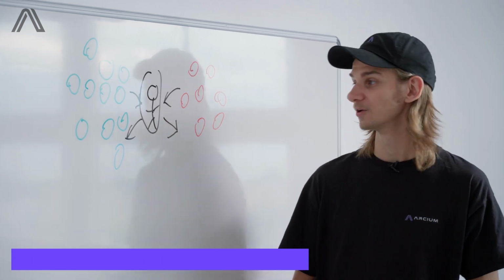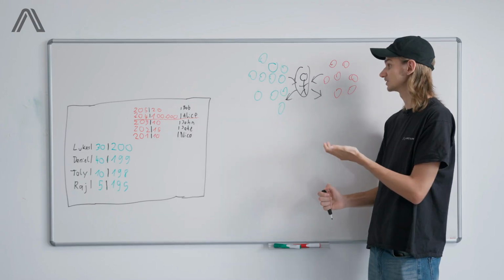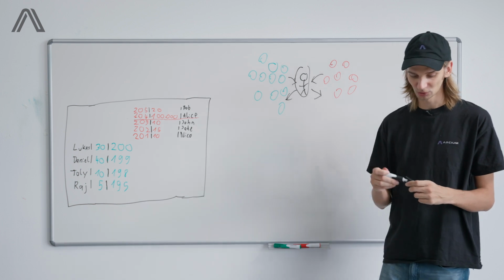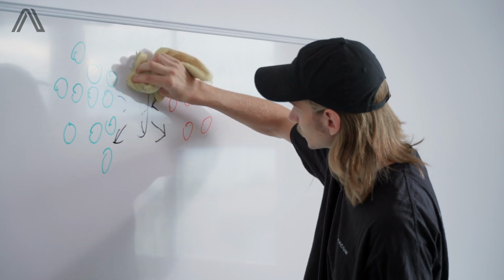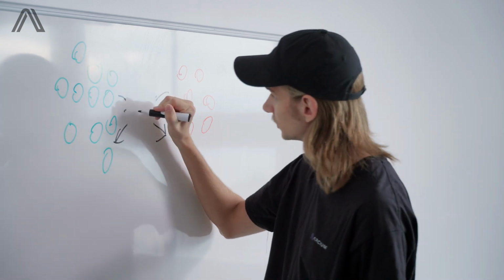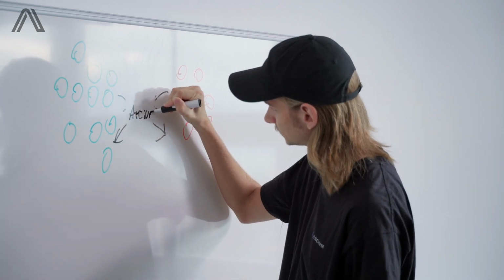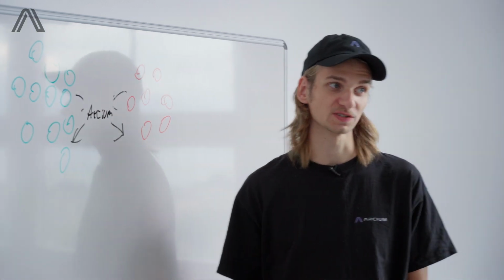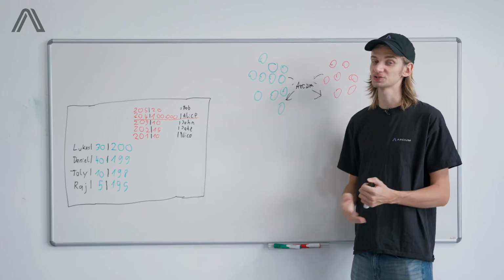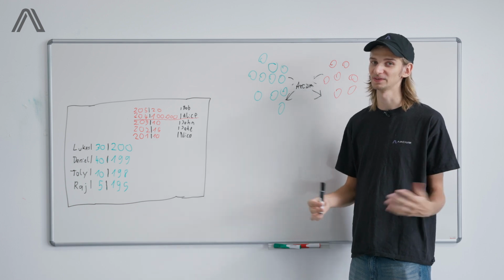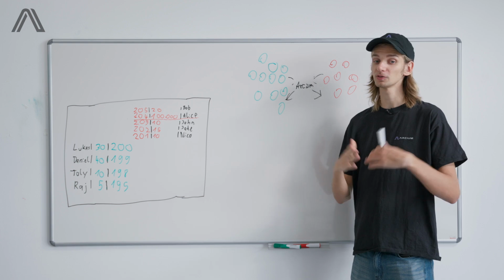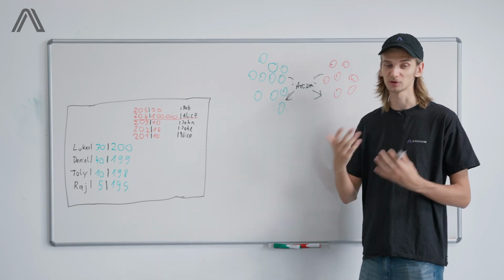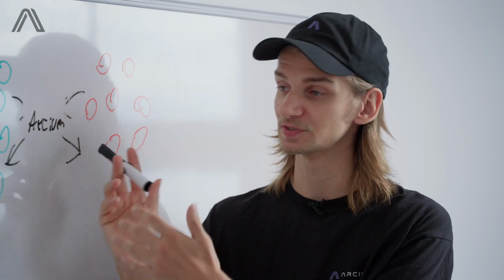So for this reason, we think that using Arcium, you can perfect this, at the moment, somewhat flawed system. And the way to do this is quite simple. Just remove this central party who theoretically can look at orders, and you replace it with Arcium. And since Arcium is just a network that allows you to run MPC computations, which allow you to compute directly on encrypted data without it being visible to anyone directly, if we replace it with Arcium, we can still do all the same order book matching and order book insertion and anything else that we might want without anyone being able to see anyone's order.